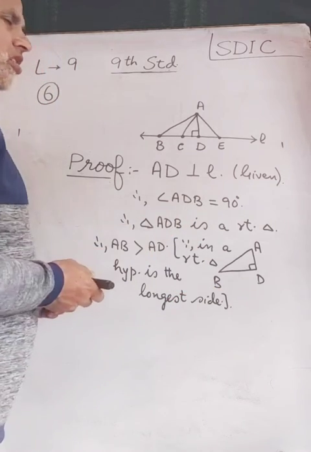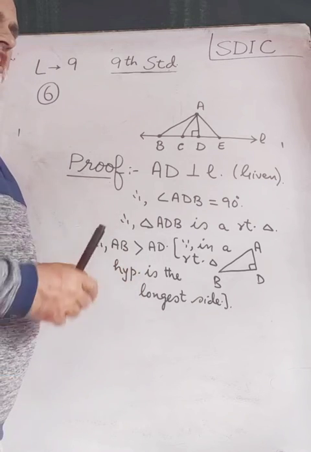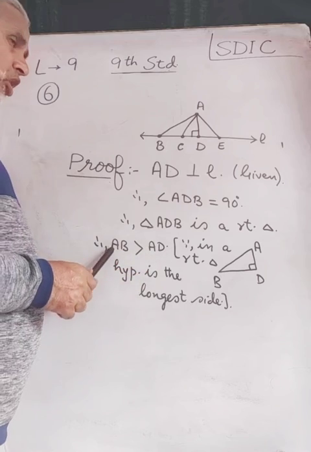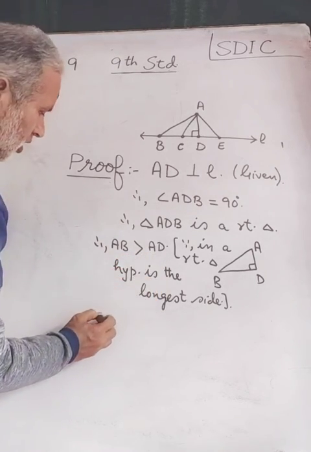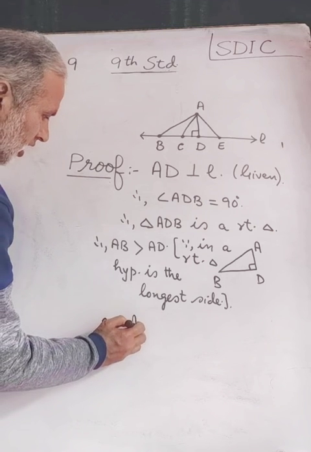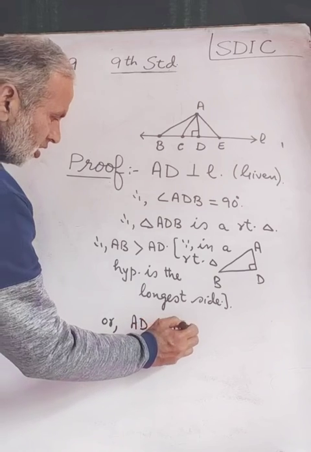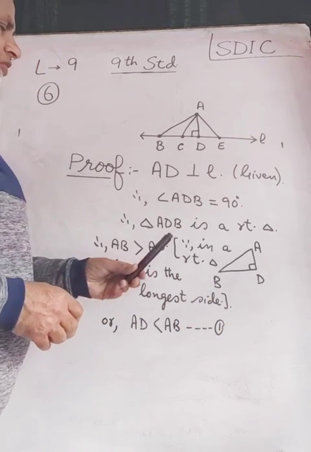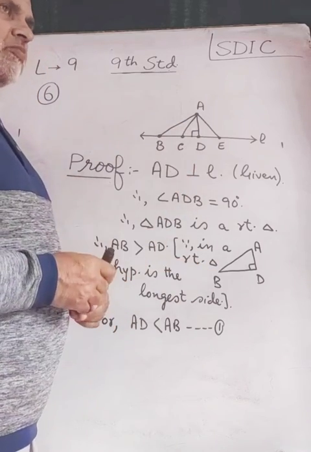Hypotenuse is the longest side in a right triangle. Now when we say AB is larger than AD, that will in turn mean AD is smaller than AB. So we write, or AD is shorter than AB. This is the first result. You mark it first. We got it from one of the triangles formed with this AD, which is the perpendicular segment.